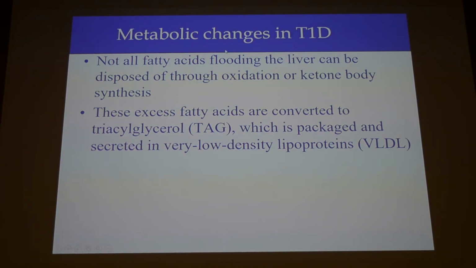So another metabolic change, beside the hyperglycemia and the ketoacidosis or ketosis, is an elevated level of triglyceride. Why do we have an elevated level of triglyceride? Because we don't have enough lipoprotein lipase. This is one reason, and also this fat that is being mobilized will not all go to ketone bodies or be used for beta oxidation as acetyl-CoA.